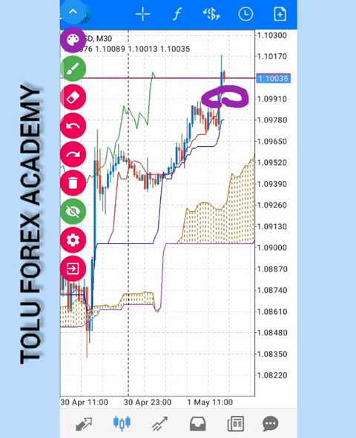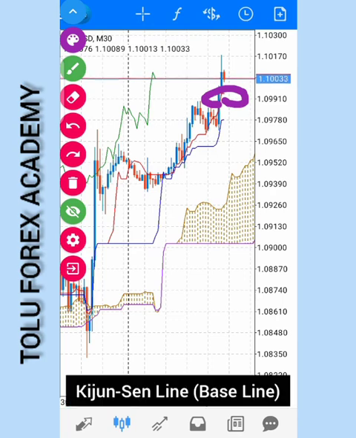That is the Tenkan-sen line, or I can say the conversion line. And then we have the other one that is known as the Kijun-sen line or the baseline. That is the blue one that you can see here now.